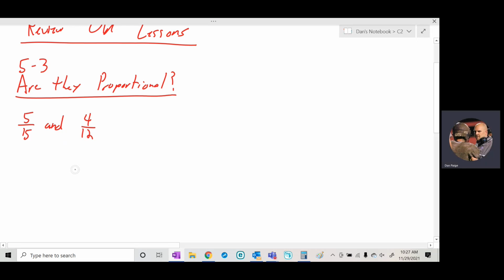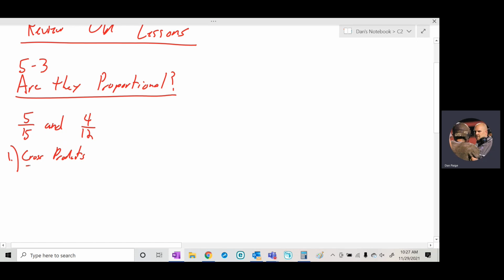We had 3 ways to solve. Anyone remember one of the 3 ways? Yeah, Sophia. One way was cross products. That's right. We'll solve it out and then get to the next one.